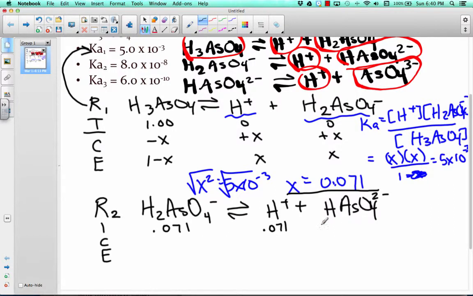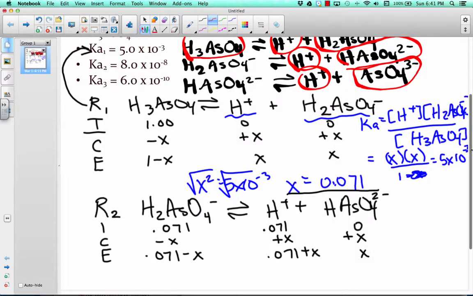And of course, before this one dissociates, I don't have any hydrogen arsenate. But then I lose some of this, and as I do, I gain 1 mole of hydrogen ions and 1 mole of hydrogen arsenate. So then I end up in equilibrium with 0.071 minus X, 0.071 plus X, and X.